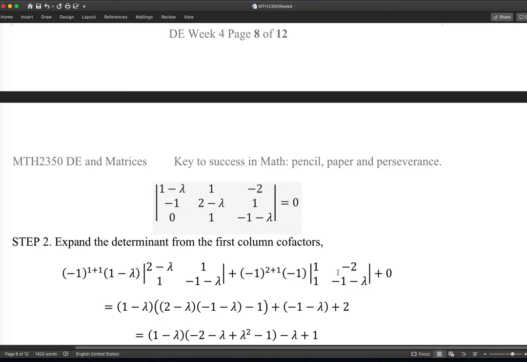This is the minor: 1, -2, 1 and -1 minus lambda. I also have the third element, but because the element itself is 0, I don't need to bother about the -1 to the power and the minor part. It must be 0.